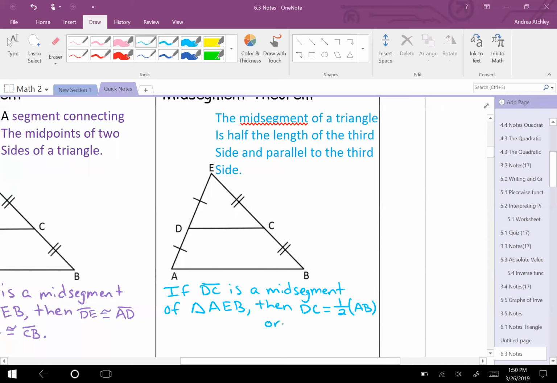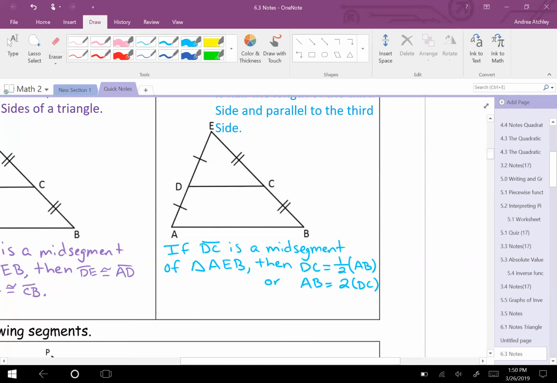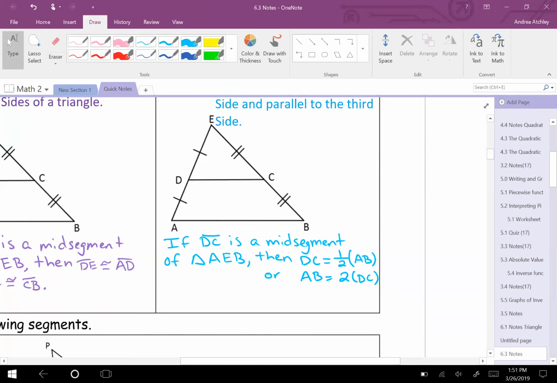Or you could say the measure of AB is equal to 2 times DC. Any questions over that? Okay. And finally, DC would be parallel to AB, that third side.